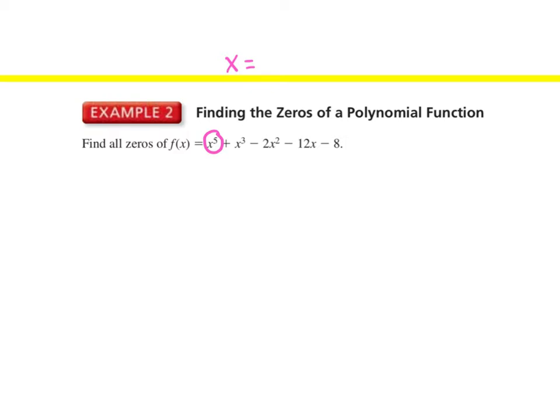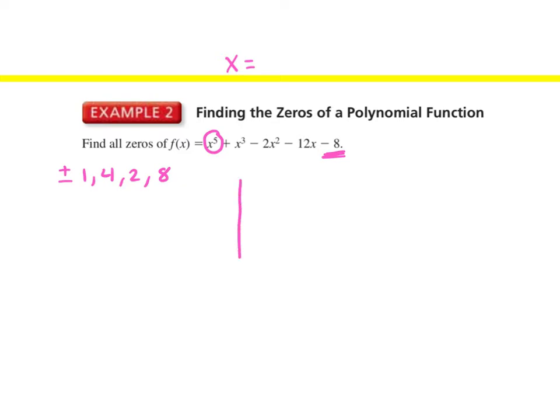P over Q. So we take the factors of the last and put them over the factors of our first. What are factors of -8? 1, 2, 4, and 8.